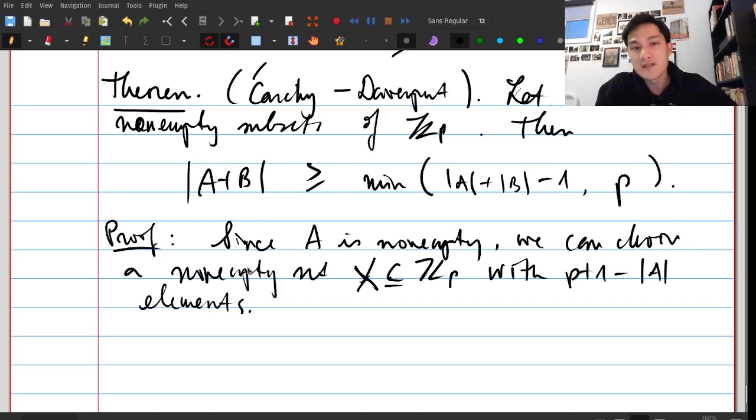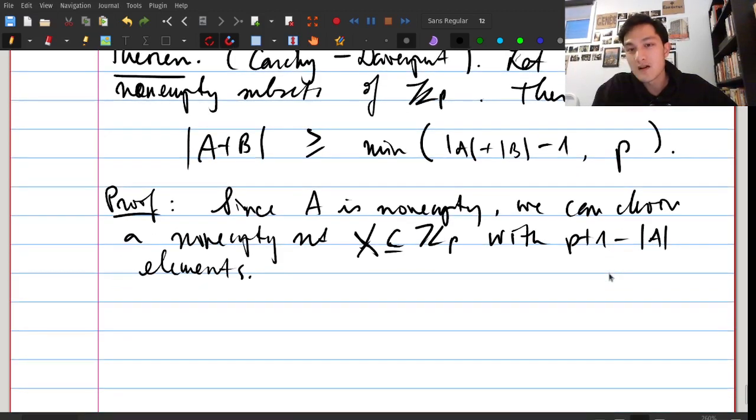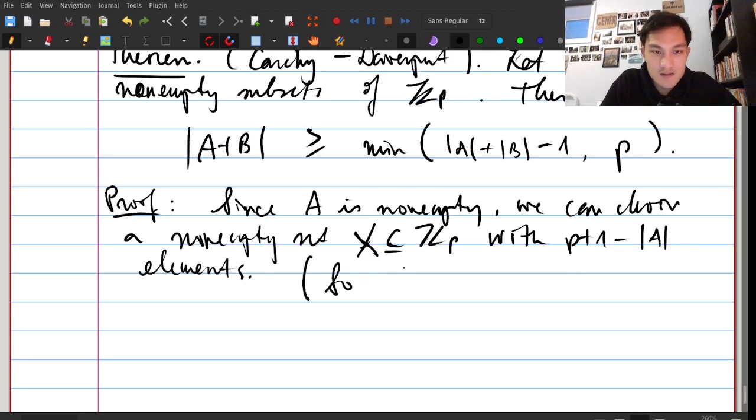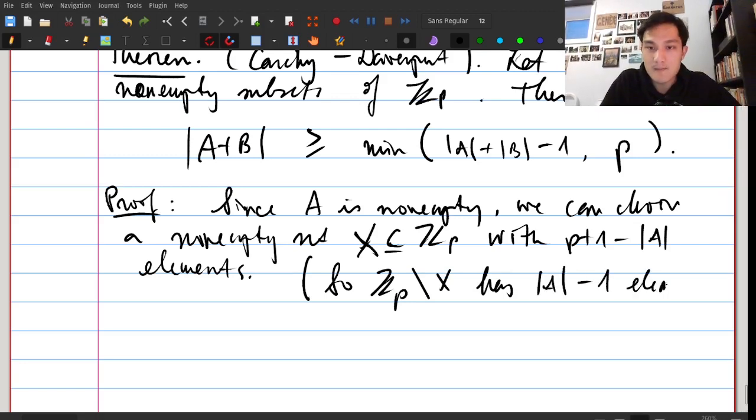It's never empty because if A was the whole group, P, there would still be one element in X. And X can't be too big because A is not empty, so the biggest X can be is all of Z_P. So Z_P minus X has size of A minus 1 elements. That's going to come in handy later.